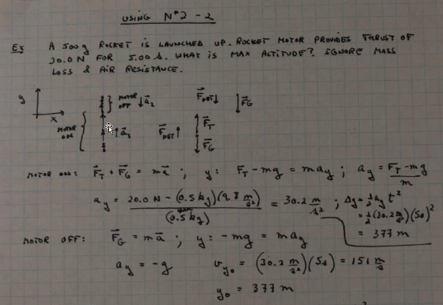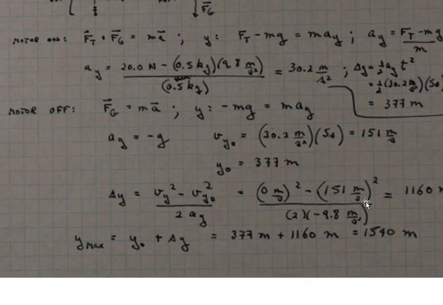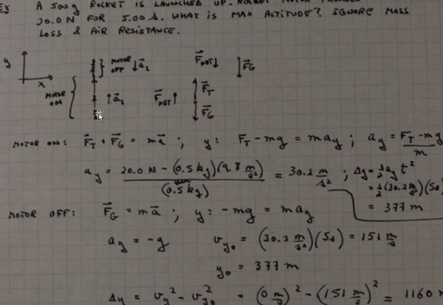Essentially, there are two legs to this, and maybe I didn't draw the motion diagram quite big enough, but there's two legs. There's a launch, a boost phase, let's say, where the motor is on and you have acceleration in the upward direction.